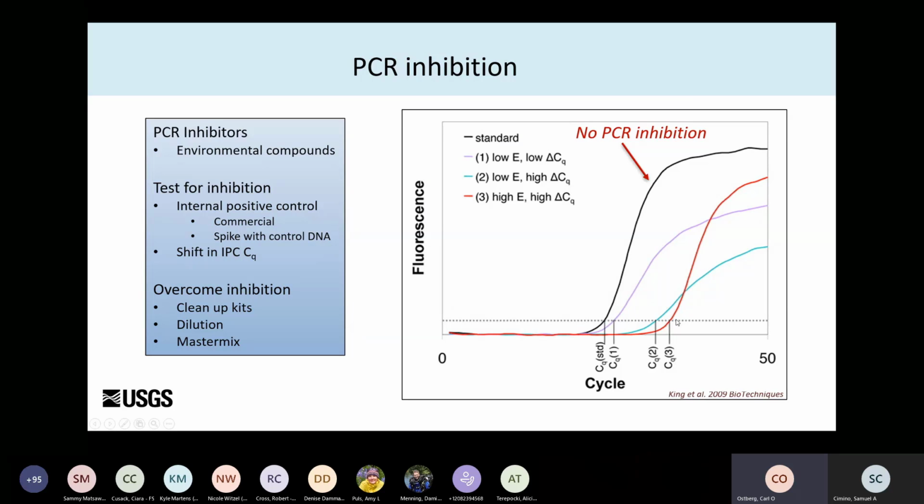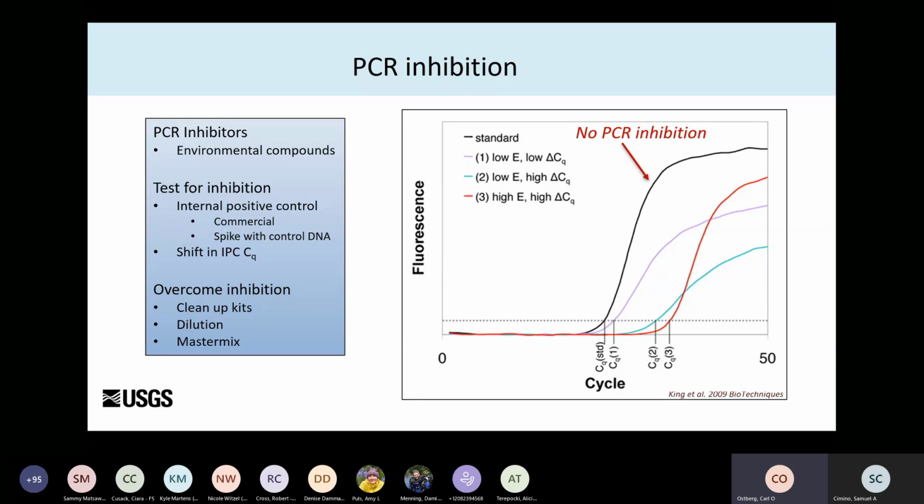All of these samples here are inhibited. Inhibition can be overcome by using commercial kits that clean up DNA, or by diluting your sample DNA once those inhibited samples are identified. Some qPCR master mixes are also more resistant to inhibition effects, so you may see differences depending on what kind of master mix you're using.